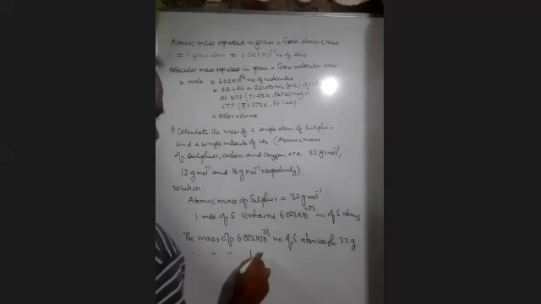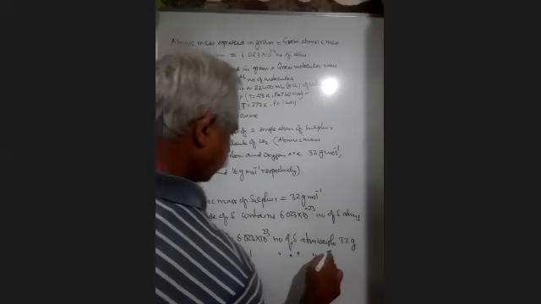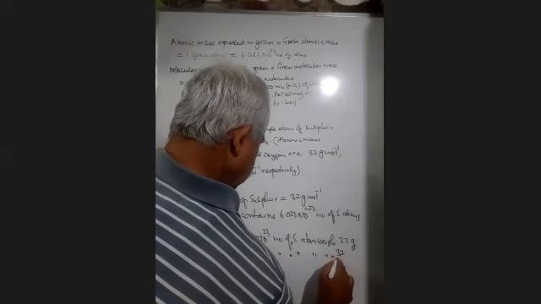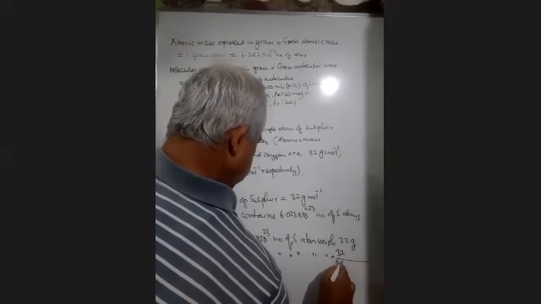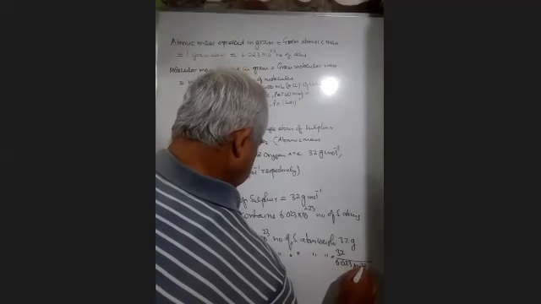Therefore, the mass of one sulfur atom will be 32 divided by 6.023 into 10 to the power 23. So divide and find how much it comes.